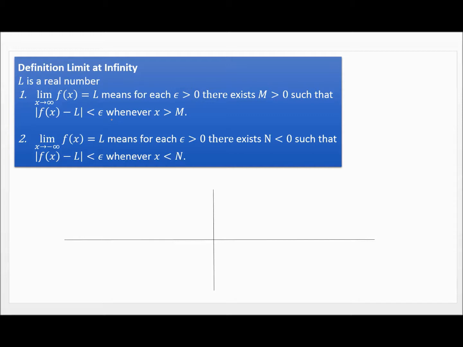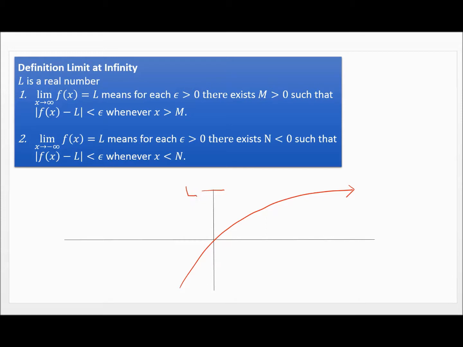Now, I'm not going to make you memorize that. I just want to explain it this one time so you have it and then not worry about it anymore. So first I'm going to draw a graph that as we go out to infinity has a limit of L. So let's just say the graph looks like this, and our L value is right here.